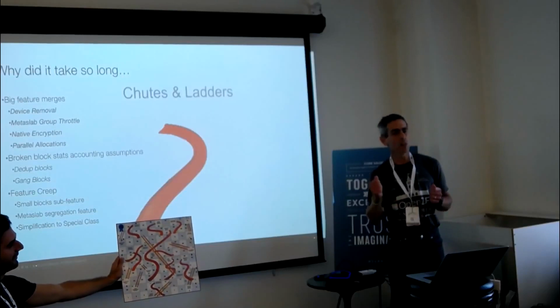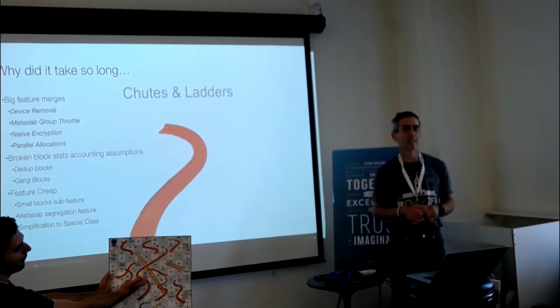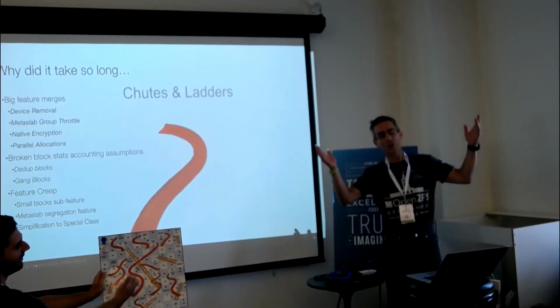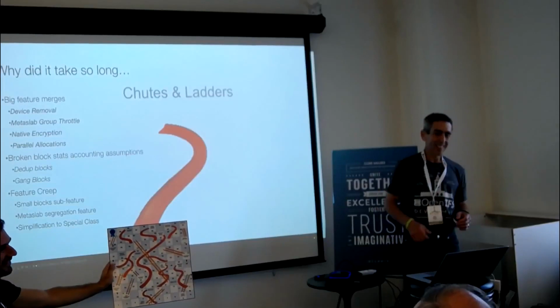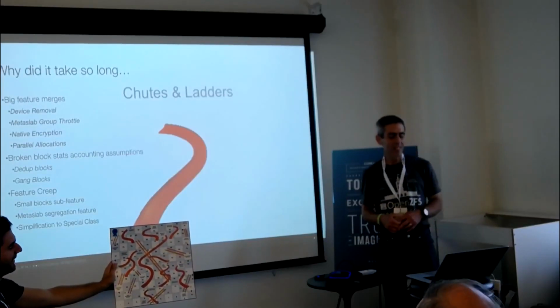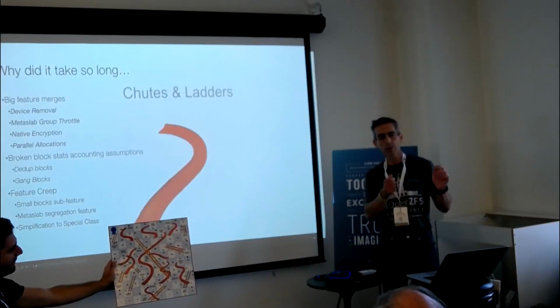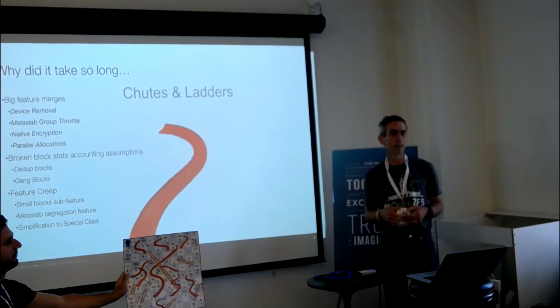And it felt like that. I would be making huge progress, thinking this thing is landing next month, and then someone puts back device removal. Oh man. Did you hit a lot of ladders? Yeah, there are these big features that intersect, and metaslabs is where I felt the pain.